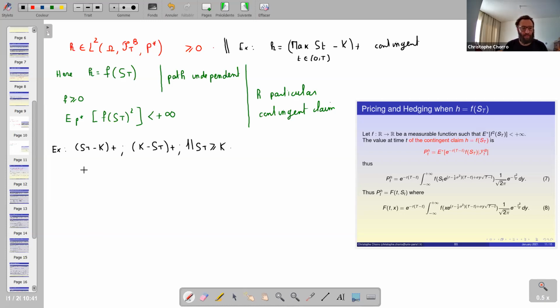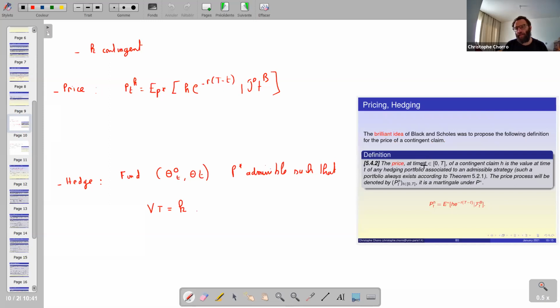From the last definition we have seen together previously, the definition of the price, if I give you a contingent claim, you are able to say what the price of this contingent claim is.